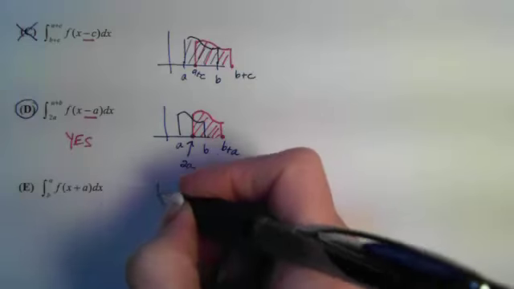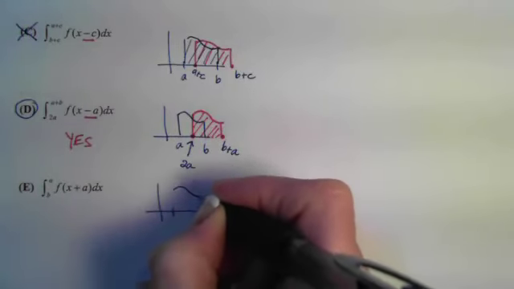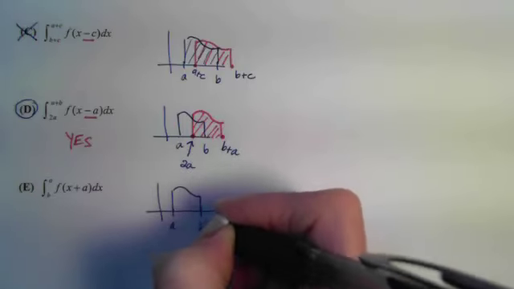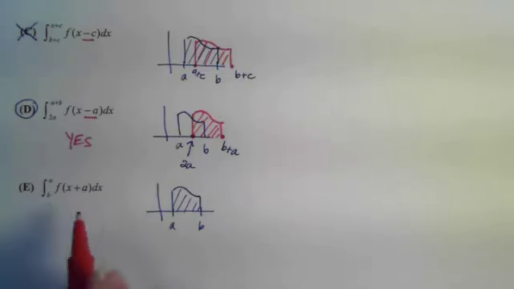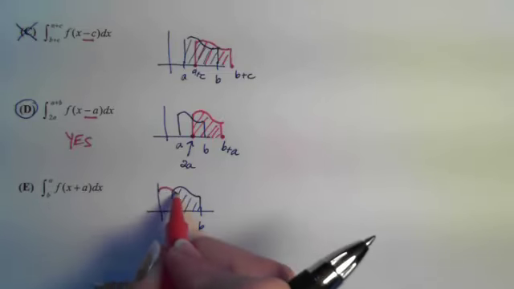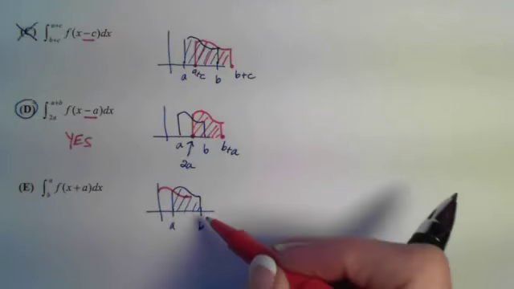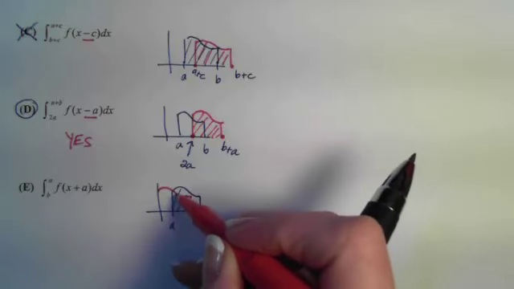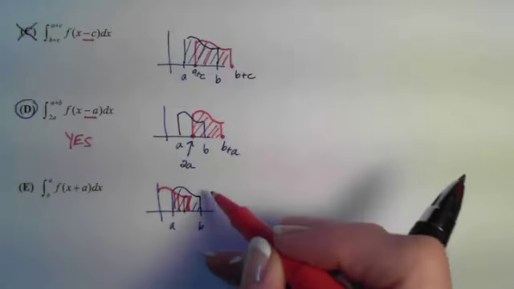Okay, last one. We'll start with our A to B again. We want to compare that accumulation to the new accumulation, which says I'm going to move the picture a units left, but then I'm going to accumulate from the old B back to the old A. We don't even know what's going to happen past here because I didn't draw any function.